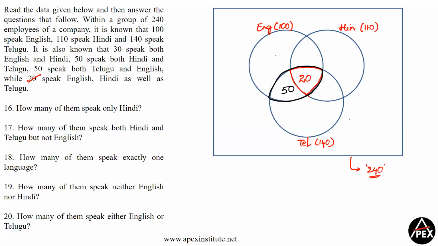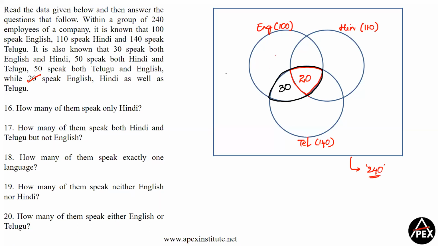No. Because the number of employees in this whole region is 50. So in this whole region it should be 50. So the number of employees who speak only English and Telugu will be 50 minus 20. So you will have 30 here.